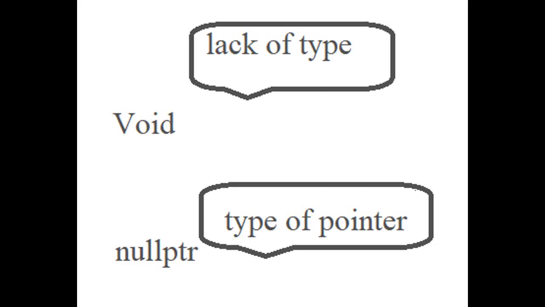But two additional fundamental types exist: void, which identifies the lack of type, and the type nullptr, which is a special type of pointer. Both types will be discussed further in a coming chapter about pointers.